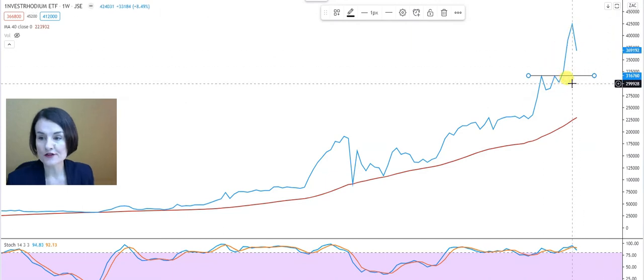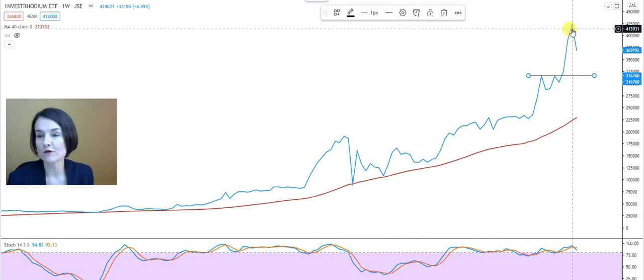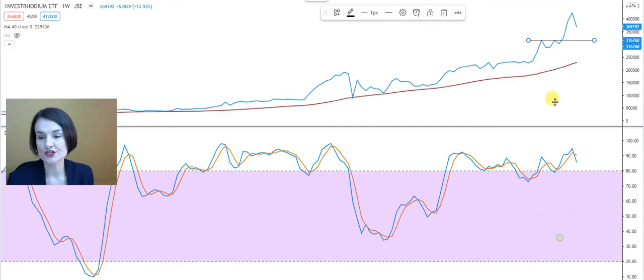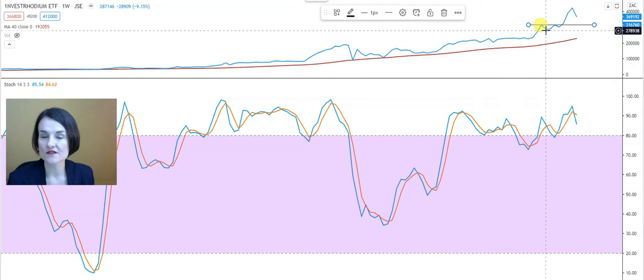So below 3,167 Rand 60, the weakness in the Rhodium ETF will be confirmed, but above 4,240.31, which is that high on the line graph, I can assume that the momentum to the top will continue again. Take note, obviously the instrument is overbought because of the rally it's had.